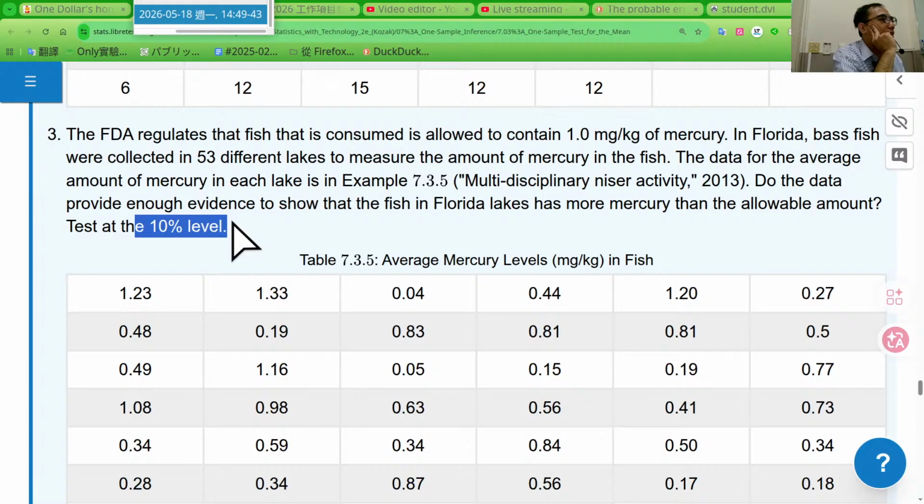And the level has been assigned as 10%, it means 0.1. And calculate the t-score, t-statistic. Is it okay? 3 minutes. Okay, go. Yeah, you can write down the notes from your website.